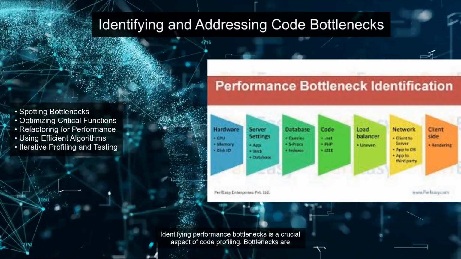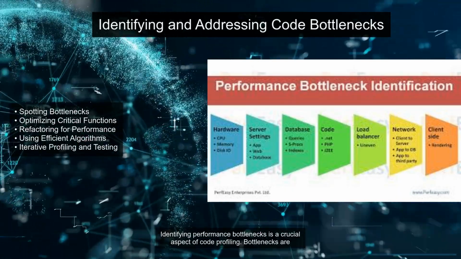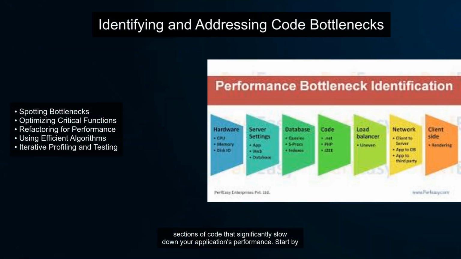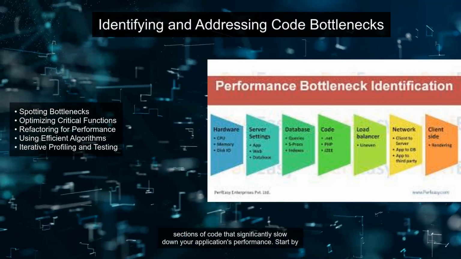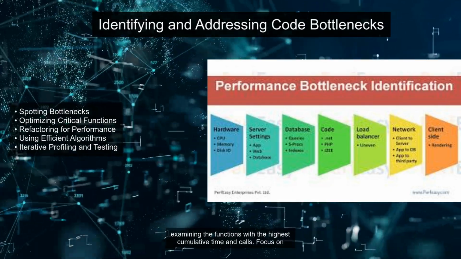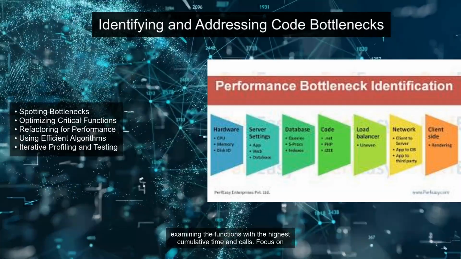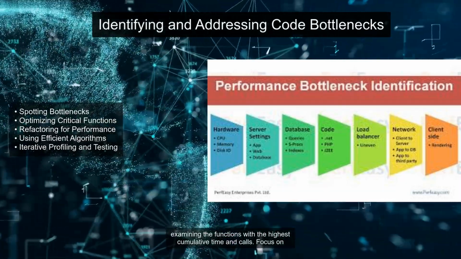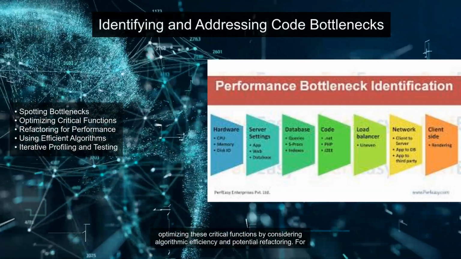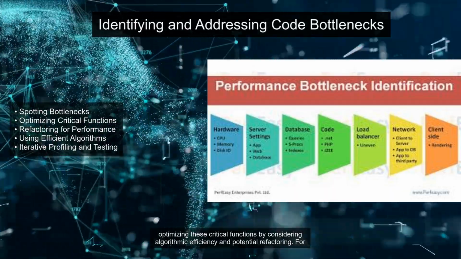Identifying performance bottlenecks is a crucial aspect of code profiling. Bottlenecks are sections of code that significantly slow down your application's performance. Start by examining the functions with the highest cumulative time and calls. Focus on optimizing these critical functions by considering algorithmic efficiency and potential refactoring.